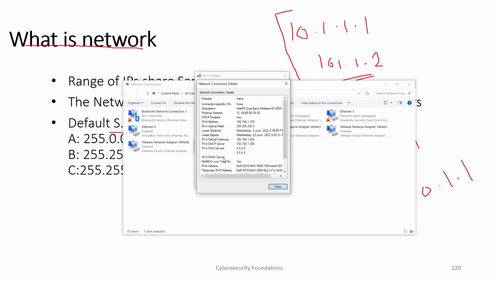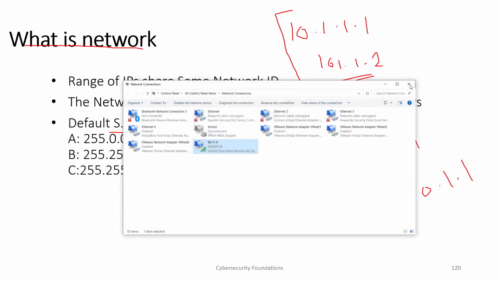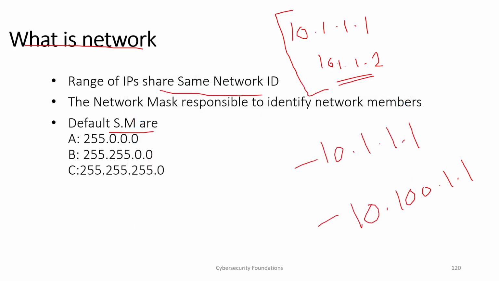The subnet mask is a way to define the boundary of my network, who is considered part of my network and who is not. At the end, we agreed this value is written in which numbering system? It is binary, right?